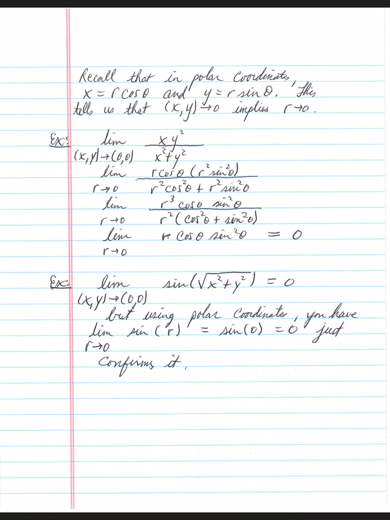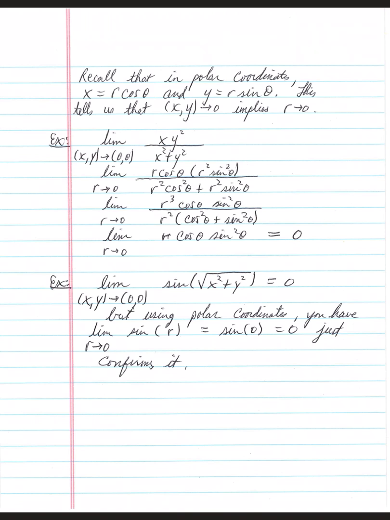You don't have to use polar coordinates, but if you were to, you could replace this with r, because x squared plus y squared back up here would be the same thing we got in this denominator. And once you factored out r squared and take the square root of r squared, you would get r.